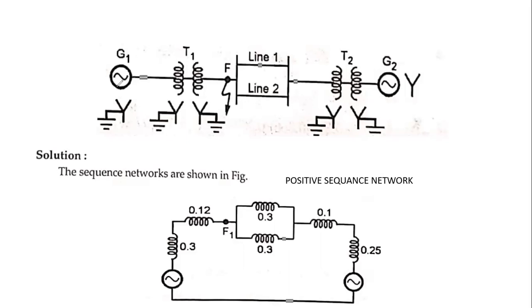First, we consider generator G1. What is the equivalent? It is only the reactance, as there is no voltage source for negative sequence. Next, we connect transformer T1. Next, we connect the two transmission lines.